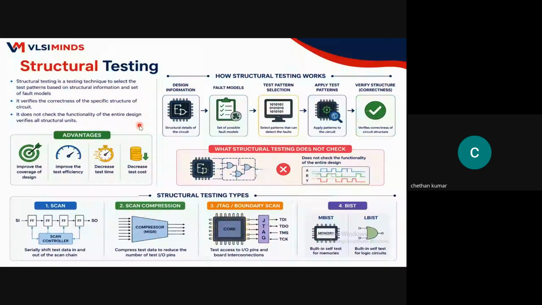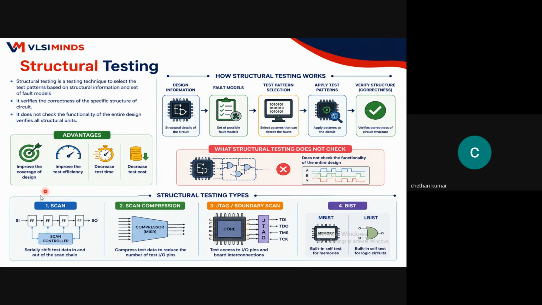We have the design structure details, and we decide what kind of fault model we have to target for the design, and then we generate the patterns. Those patterns are applied on the tester equipment. Then we verify, and if it is correct, we deliver the chip. So this is its own structured way to make the chip testable.